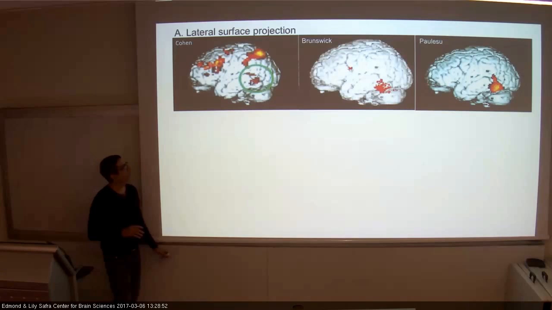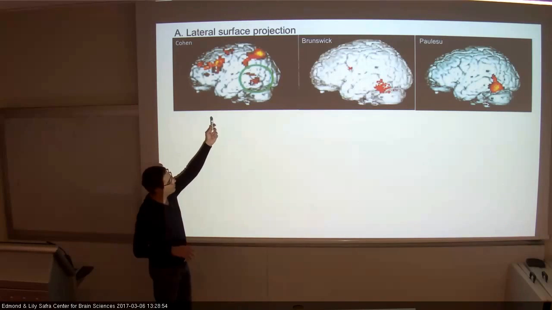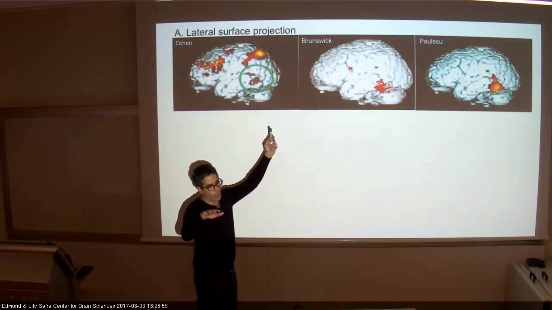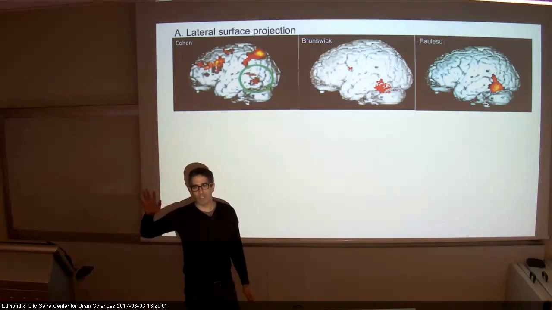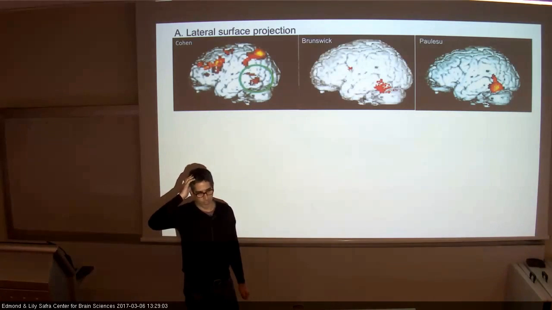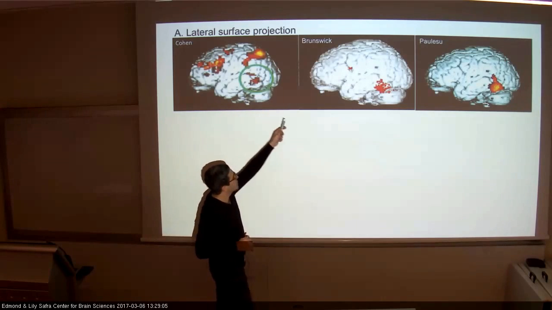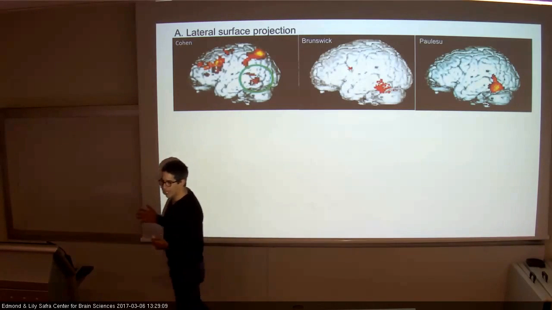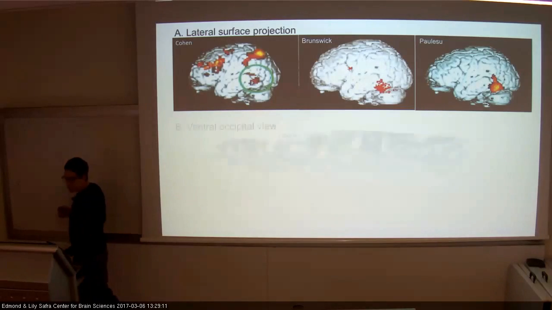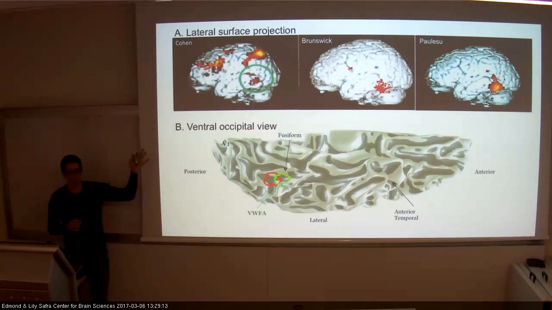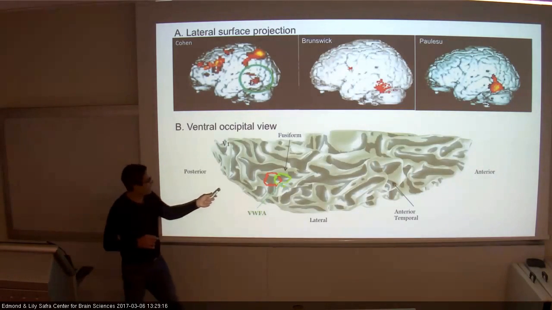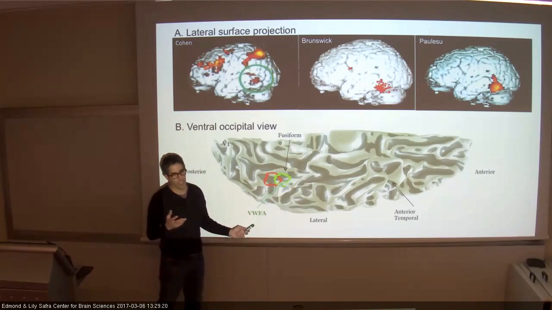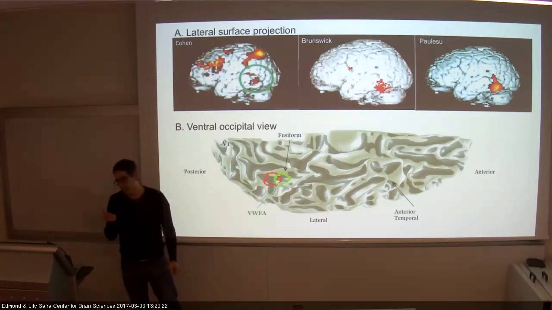So here is an example of activation in fMRI that was projected to the cortex using this approach, and that was for an area which is activated with language, with words. You can see that it's actually not in the same location each time, and you might have a full theory about that, but it may just be because it's been done using this projection, while the area of activation, this VWFA area, which is activated with words, is really tiny.